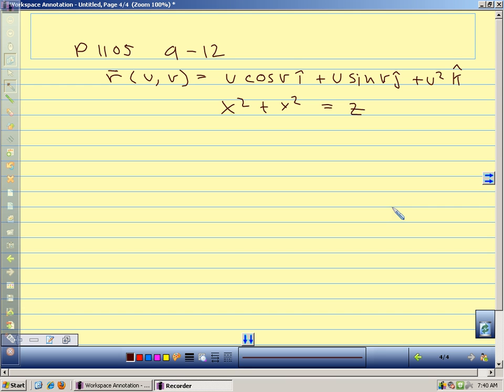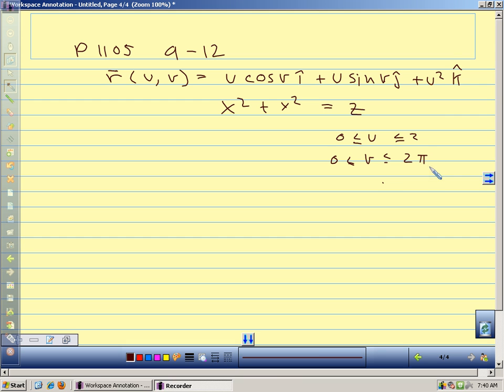That's exactly right. Number 11, we have u cosine v i plus u sine v j, and what's changed? Our original equation goes from 0 less than or equal to u less than or equal to 2, and 0 less than or equal to v less than or equal to 2 pi.